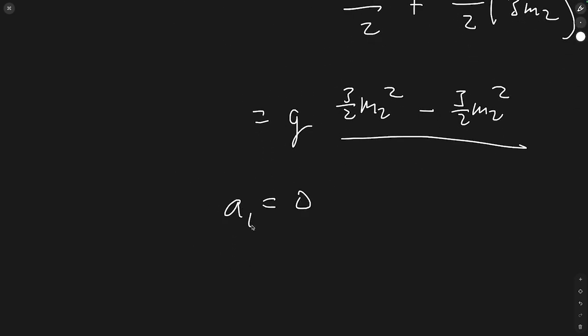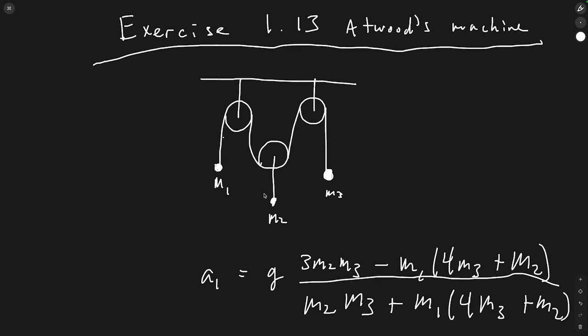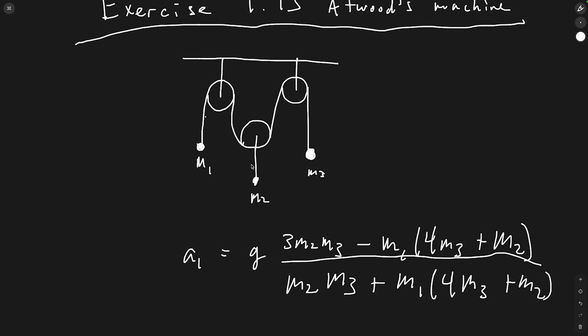So our prediction didn't happen. But that does make sense, because if this is twice the mass of both of these, then it's balancing out. This is actually static equilibrium.